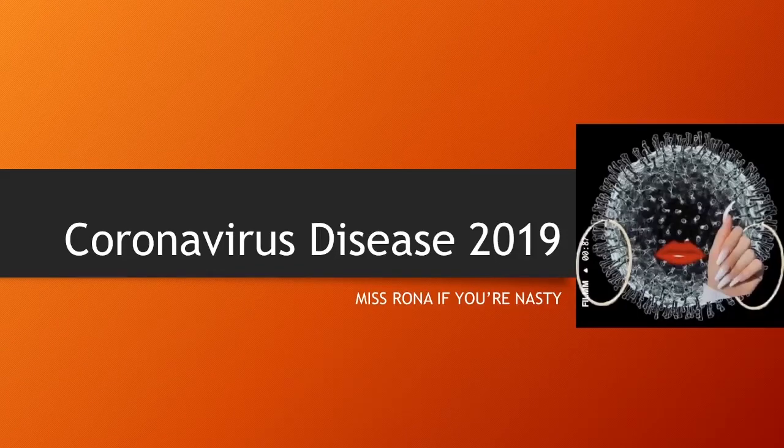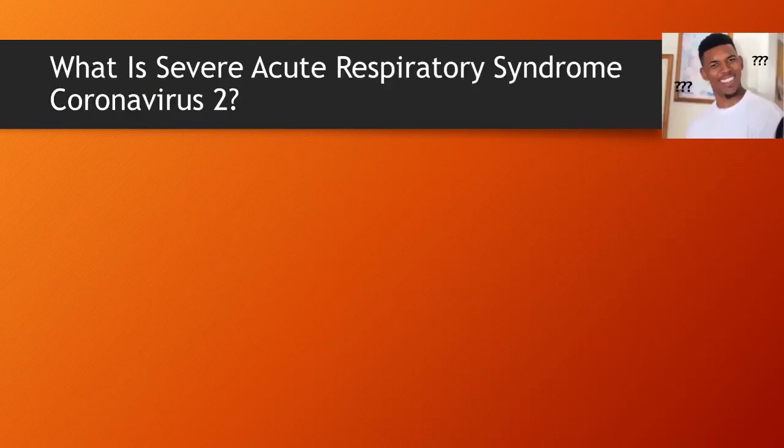So basically, this is how it works: the virus itself that is causing this pandemic is called severe acute respiratory syndrome coronavirus 2. A lot of people have just shortened that to coronavirus.